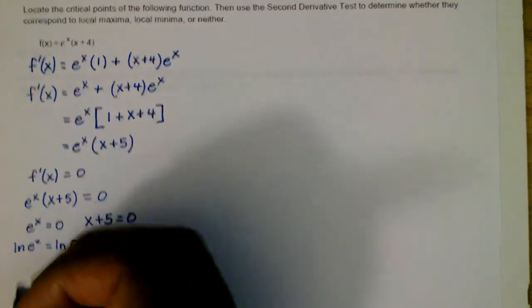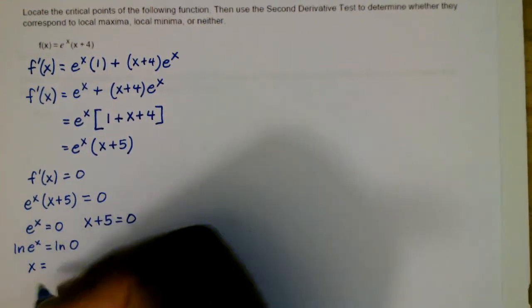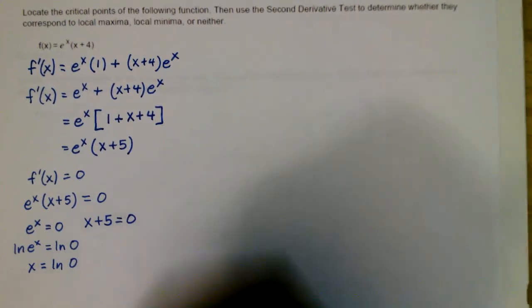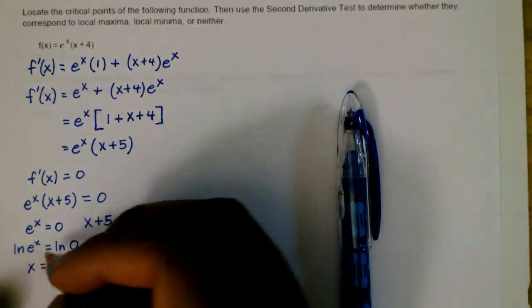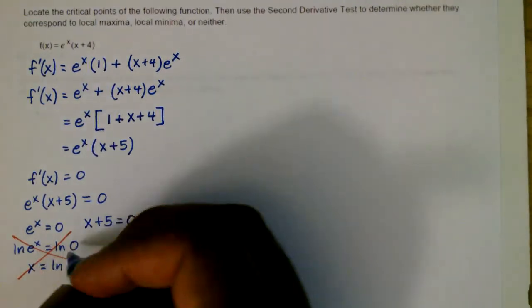Now I can simplify ln of e to the x because ln of e to whatever will be whatever. So it'll be x equals ln of 0, but I have to get rid of that because the natural log of 0 does not exist. But I can solve x plus 5 equal to 0.